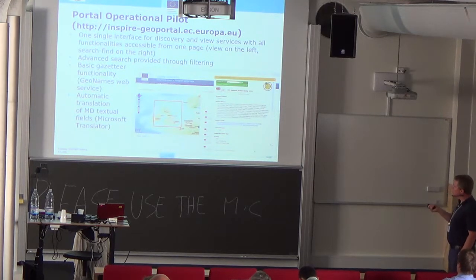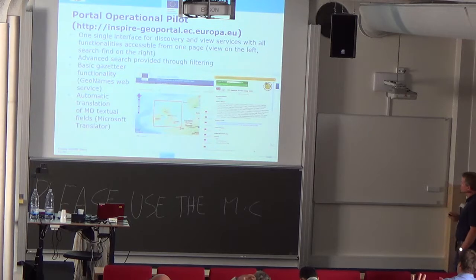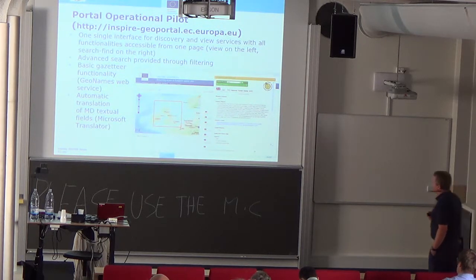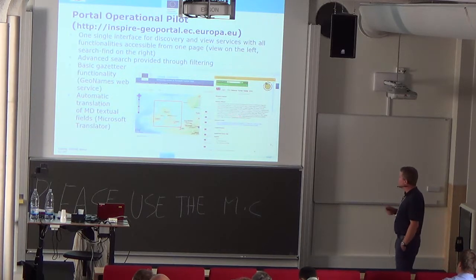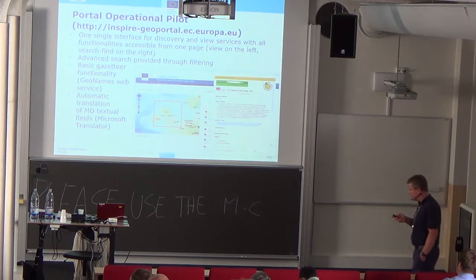It also supports advanced search provided through different filtering. I will show you how you can filter it. It also has basic gazetteer functionality, like GeoNames web services, and with the support of Microsoft translation, it allows automatic translation of metadata textual fields.